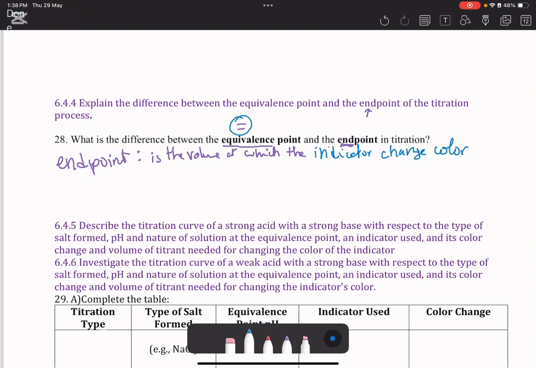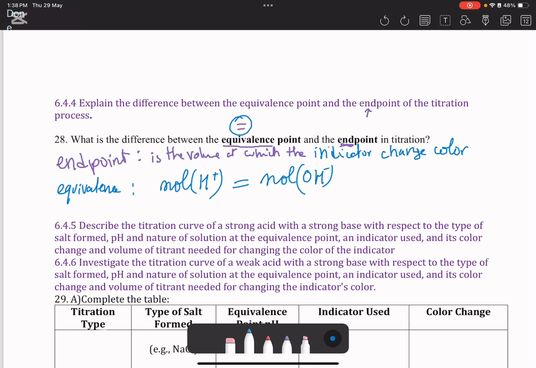Now, equivalence point, what is the equal thing? Equivalence point is the point at which the moles of the acid are equal to the moles of hydroxide ions. So at that point, the acid and the base neutralize each other.